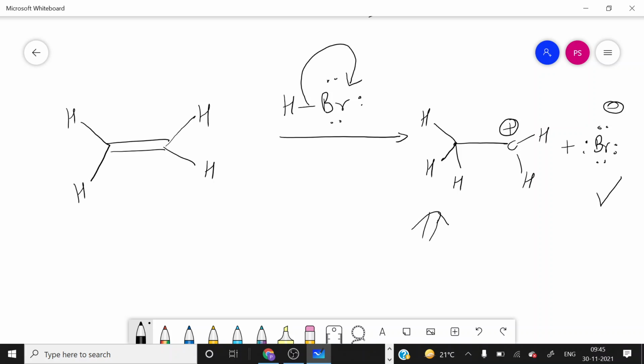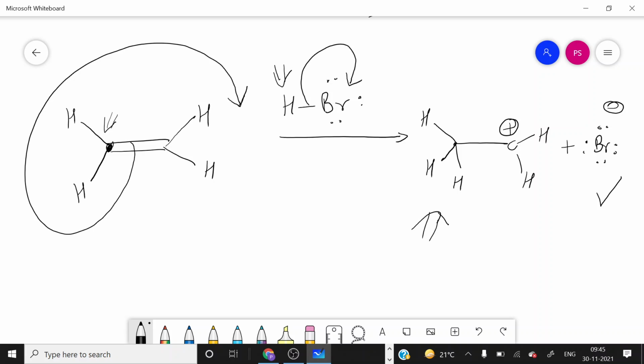So you can shift this pi bond in between hydrogen and carbon, and remember that the curly arrows should be full headed. The 2 electrons from the pi bond shifted in between this carbon atom and this hydrogen. It means there will be bond formation between this carbon atom and this hydrogen atom.